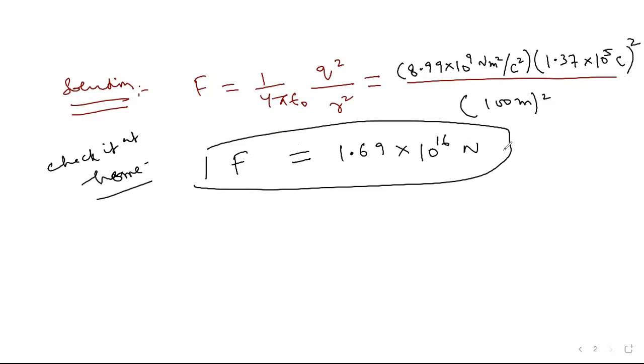I mean, you need to multiply these numbers and check the value. 1.69 into 10 raised power 16 Newton. If you make another calculation, this is about 2 into 10 raised power 12 tons of force.